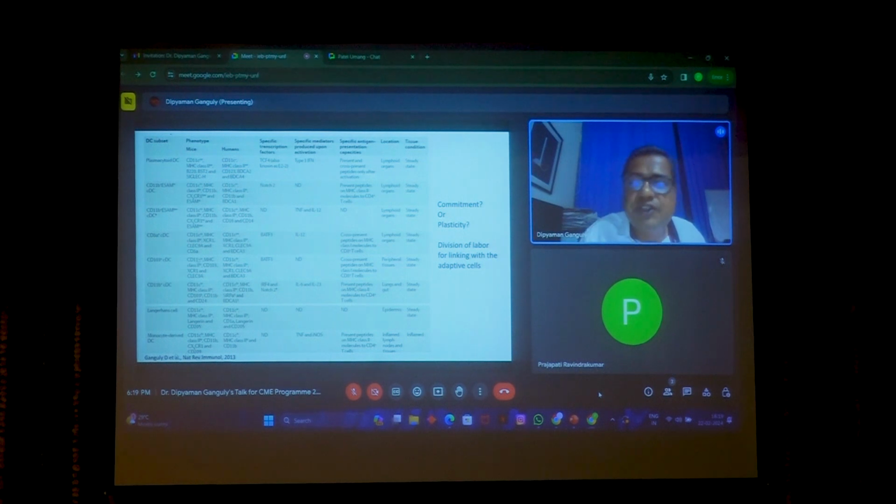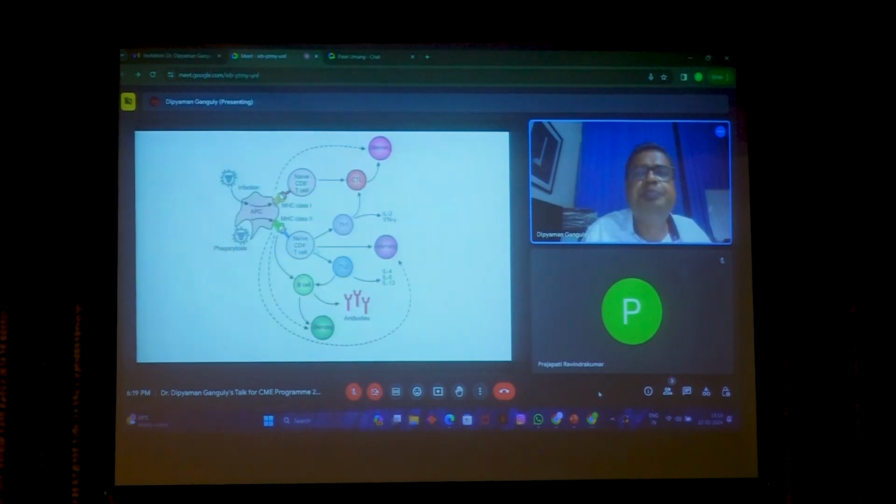And there are other kinds of cells which are more efficient in cross-presenting to the CD8 T cells. I don't want this audience to get more into this classification, but I am just trying to impress upon you that there are divisions of labor, even for these innate adaptive bridge mechanisms.